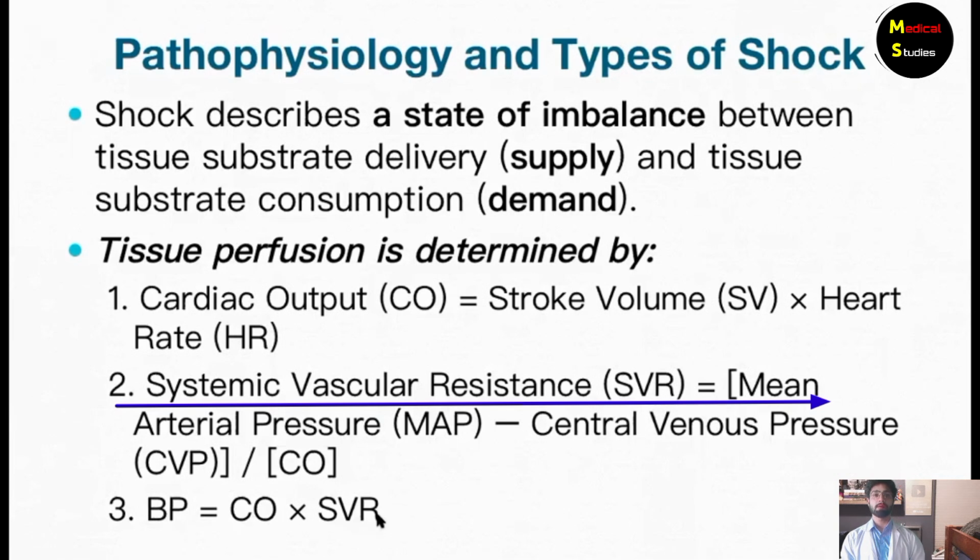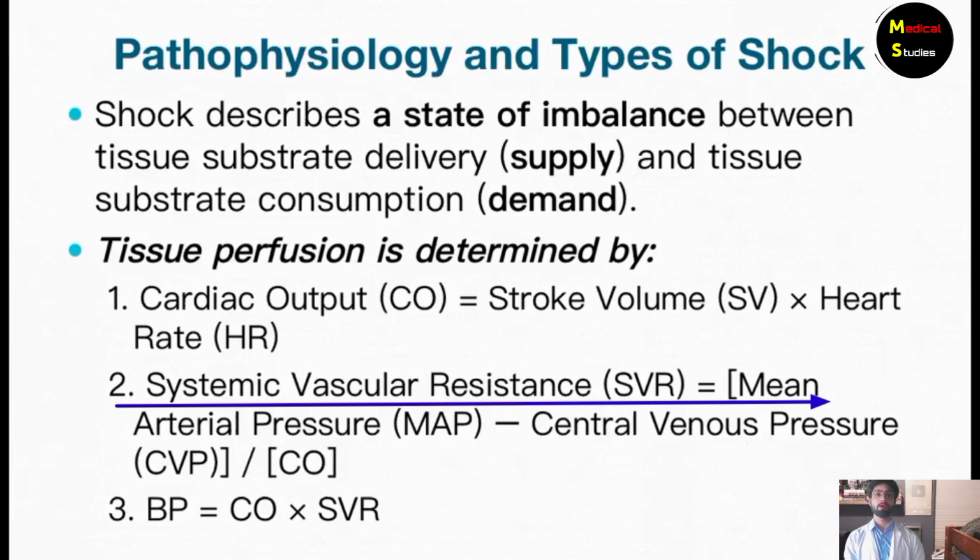If systemic vascular resistance is increased, blood pressure is also increased. Similarly, if cardiac output is decreased, there is hypotension. If blood vessels are dilated, there is a decrease in resistance and blood pressure. Never forget this wonderful formula. You can easily answer if this type of question is asked.